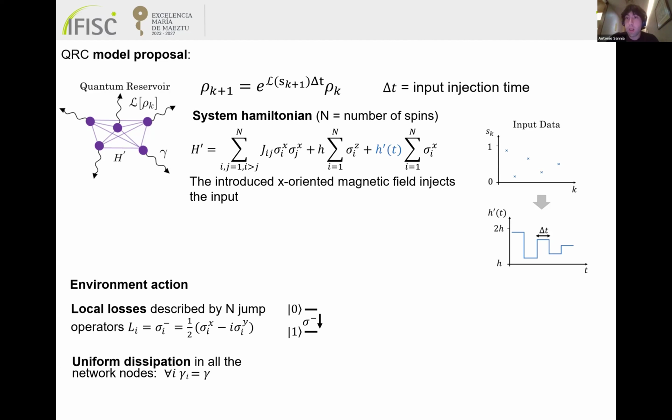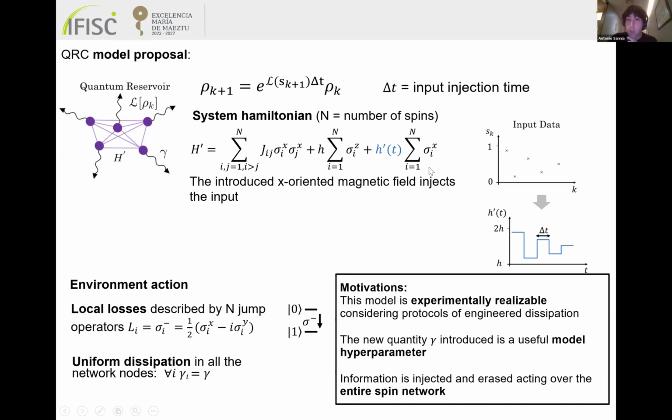And I consider the easiest case, in which the loss, the damping rates, are uniform over the network. So all these spins are affected with the same strength by the external environment.